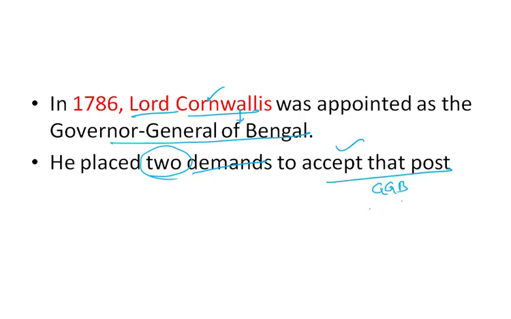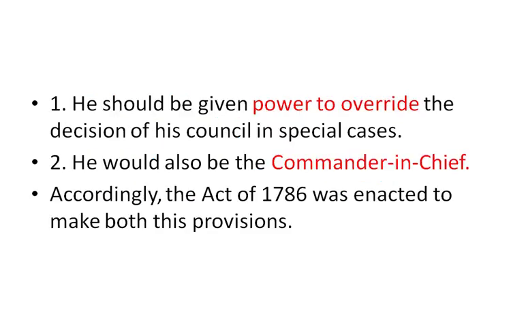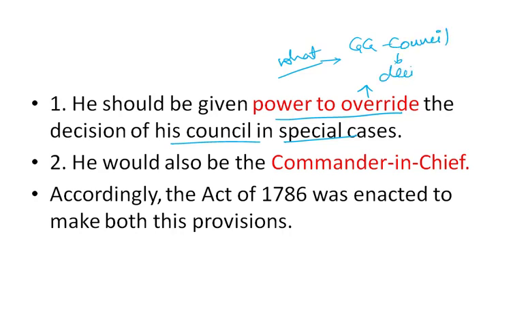The first demand is that he should be given power to override the decision of his council, the Governor General's council, in special cases. What is this overriding power? When the Governor General in Council gives any decision, the Governor General can reject that decision and implement his own decision. This is known as overriding powers.